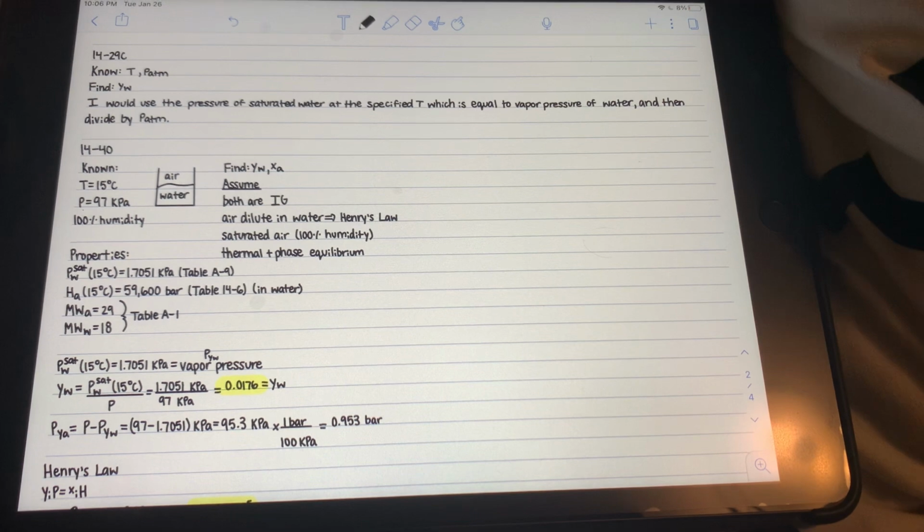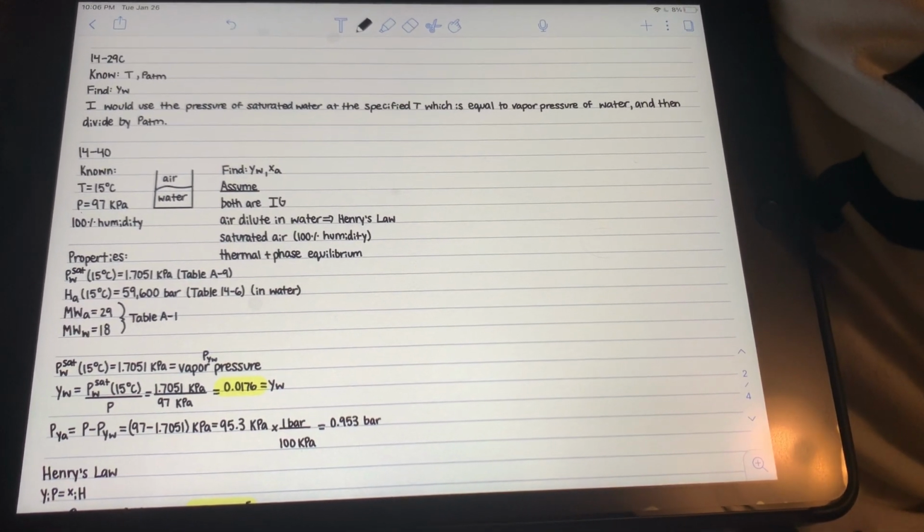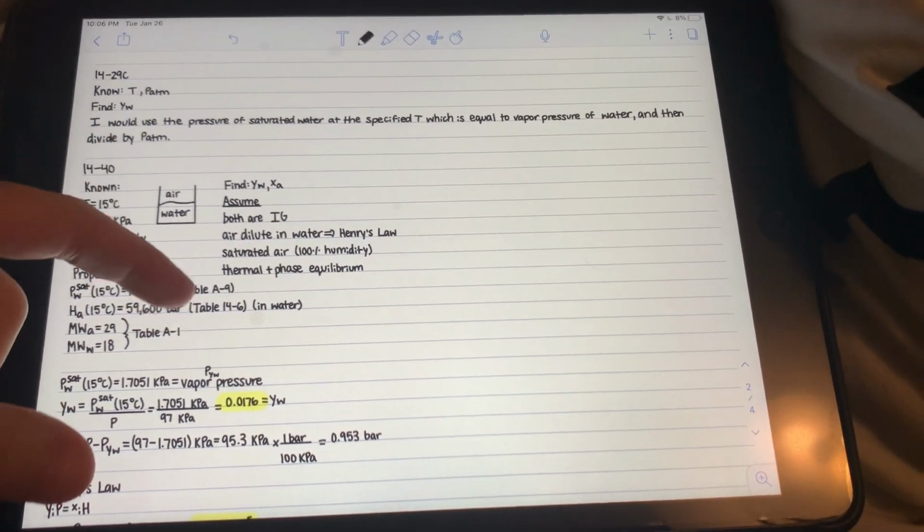Properties were looked up, including the saturation pressure of water, Henry's constant for air, and then the molecular weights of both.